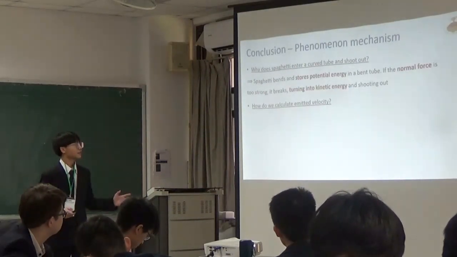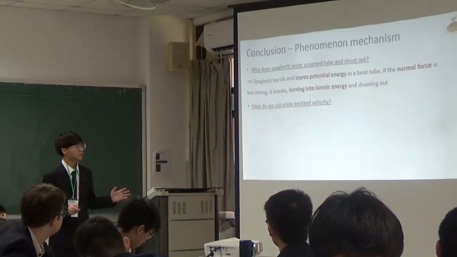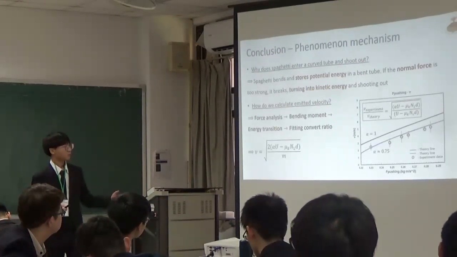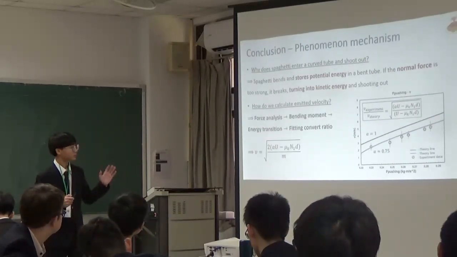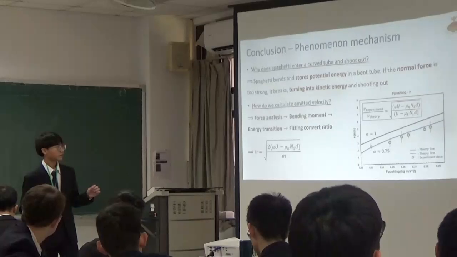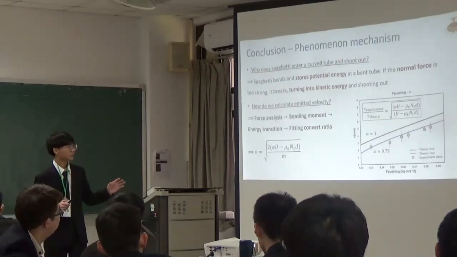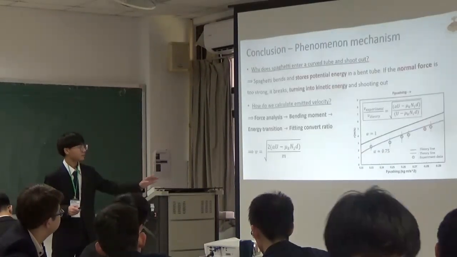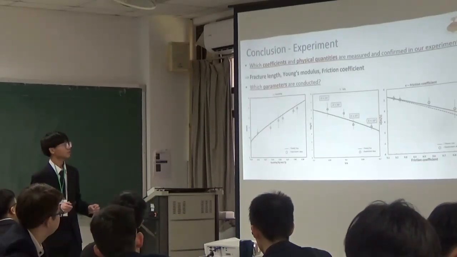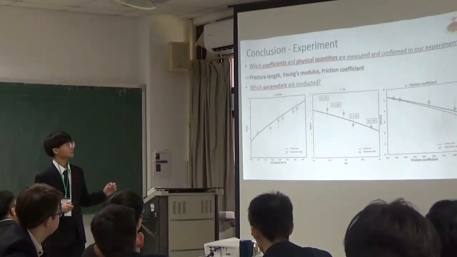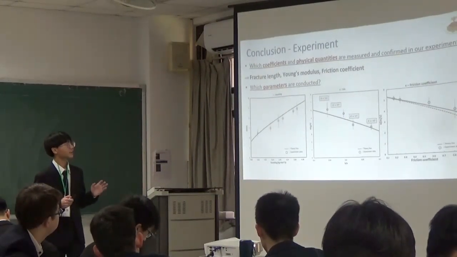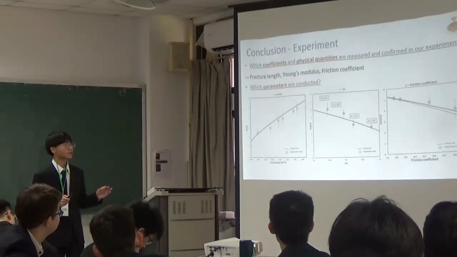And the second question is, how do we calculate the emitted velocities? First we analyze the forces and the bending moments, and finally we fit in the conversion ratio, and the velocity will be nearly the same as our experiment data. The parameters we changed in our experiment were the pushing speed, the bending angle, the Young's modulus and the friction coefficient.